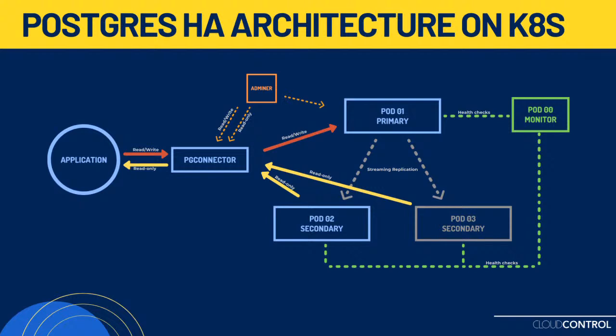What it does is give the application seamless connectivity without knowing which underlying database is in the read write mode or the read only mode. It protects applications and gives them a database endpoint which always remains resilient, and the application doesn't need to know where to connect to.